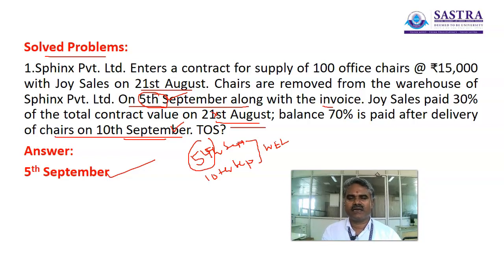And when they received 100% money, 10th September. Which date? You take these two, others are irrelevant. Here the answer is 5th September. Hope you understand? Okay, good.